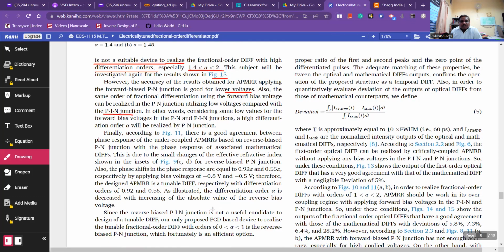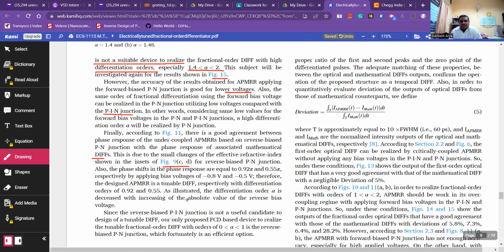Finally, according to figure 11, there is a good agreement between the phase response of the undercoupled APMRR based on reverse bias PN junction with the phase response of the associated mathematical differentiator. This is due to the small changes of the effective refractive index shown in the set of figure 9CD for reverse bias PN junction.